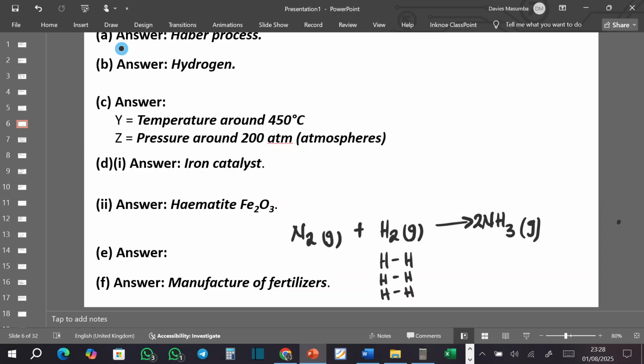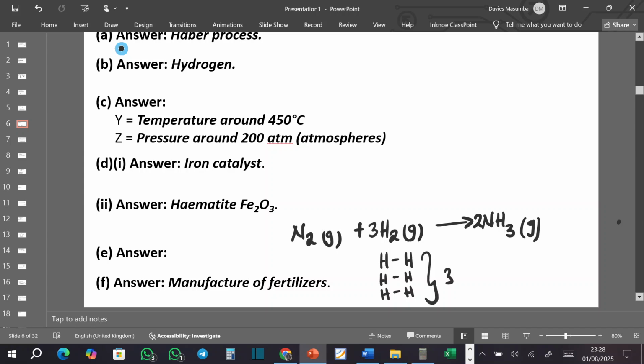Now you start counting how many pairs: 1, 2, 3. Here we had 1 pair which contained 2, so for them to go to 6, we do 2, 4, 6. There are 3 pairs, so you need to put a 3 here, so that 3 times 2 is 6. So then you have balanced 3 hydrogen molecules, 3 times 2, 6, and 2 nitrogen atoms, 2 nitrogen atoms.